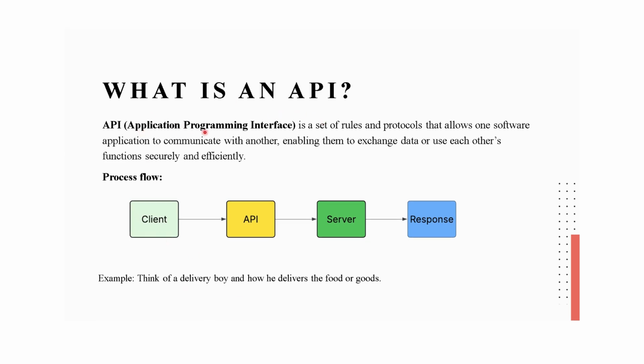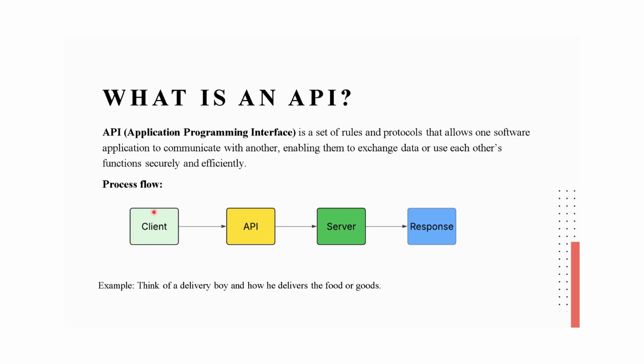API's full form is Application Programming Interface. It is a set of rules and protocols that allows one software application to communicate with another, enabling them to exchange data or use each other's functions securely and efficiently. The basic process flow: here, a client sends a request like give me data or upload this.